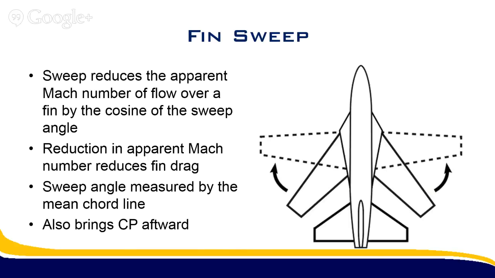And of course, this is the same as the angle from the leading edge to perpendicular if and only if you have rectangular fins that kind of just come out and don't actually rejoin the base of the rocket. Most are trapezoidal, so the mean chord line is not the same as that leading edge angle.